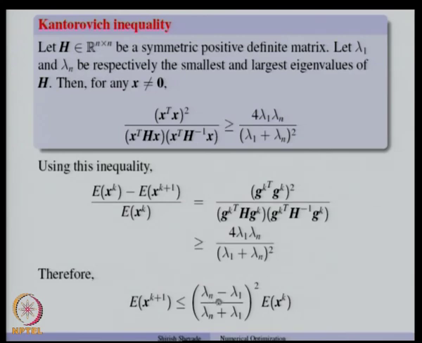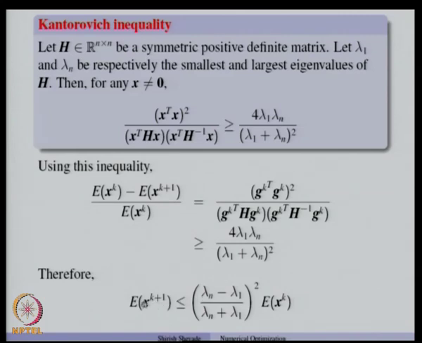So, if you look at the expression here, lambda n minus lambda 1 is a positive quantity, lambda n plus lambda 1 is a positive quantity, and moreover lambda n minus lambda 1 is less than lambda n plus lambda 1. So, that is why lambda n minus lambda 1 by lambda n plus lambda 1 is a positive fraction.